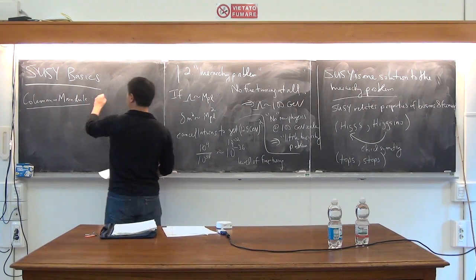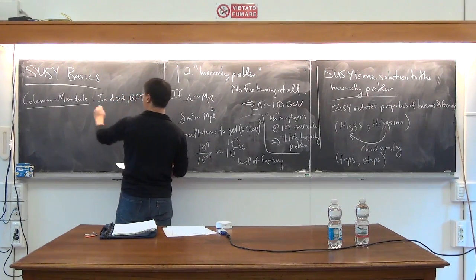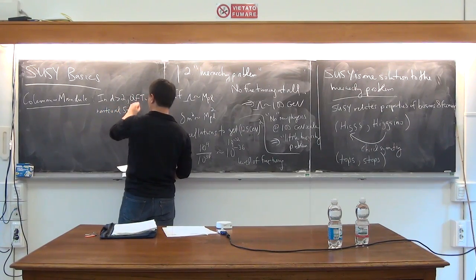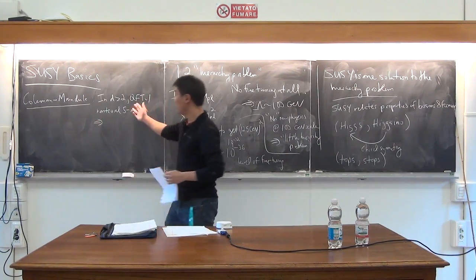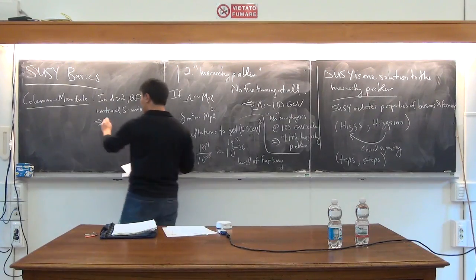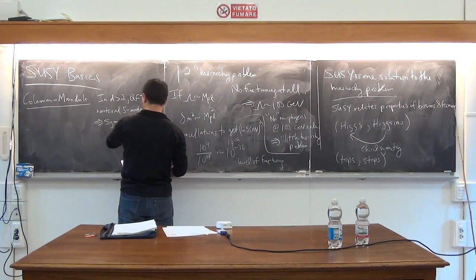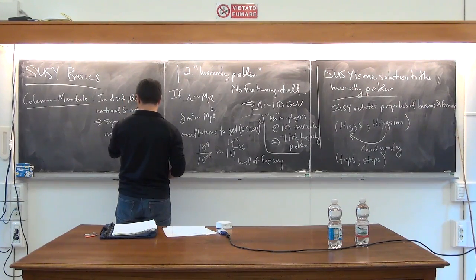They said that in D greater than 2, a QFT with a non-trivial S matrix implies that its symmetry group can be, at most, Poincare times internal symmetries.